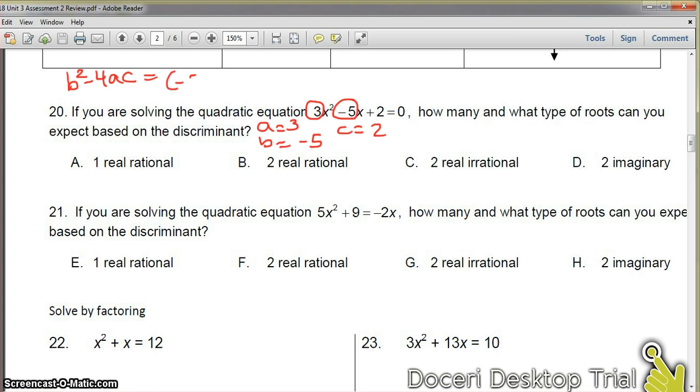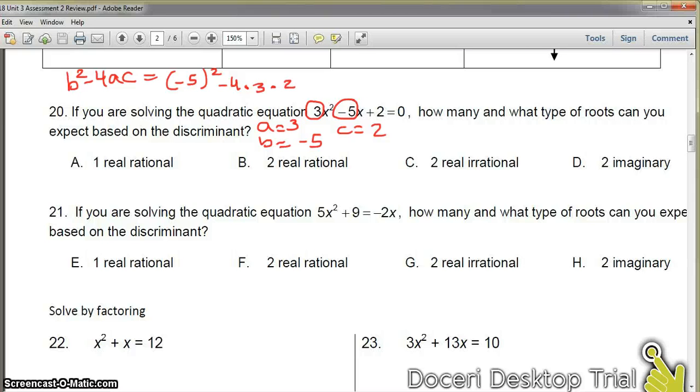So b is going to be -5. As you can see, you put it in parentheses, and this is how you type it in your calculator. Then -4 times a, which is 3, times c, which is 2.